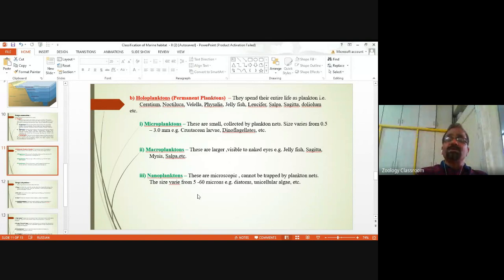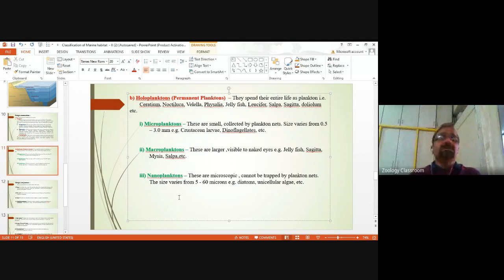And nanoplanktons are in very microscopic forms. Their measurements are in microns. They cannot be trapped with the plankton net, and size varies from 5 to 60 microns. These are all the diatoms and unicellular algae forms under this category.